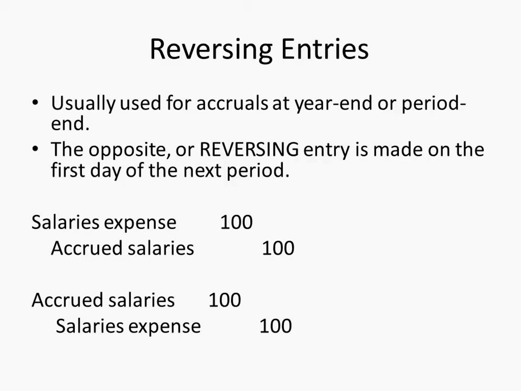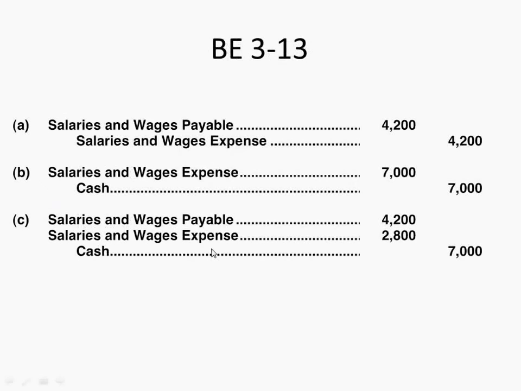Okay, so why don't you try, just to make sure that you understand that and we bring that home here. Brief exercise 313. So here, it asks you in letter A to reverse the accrual. What happens on January 1st? So that's the beginning of the next period.